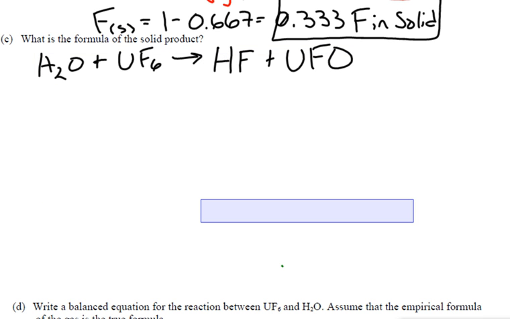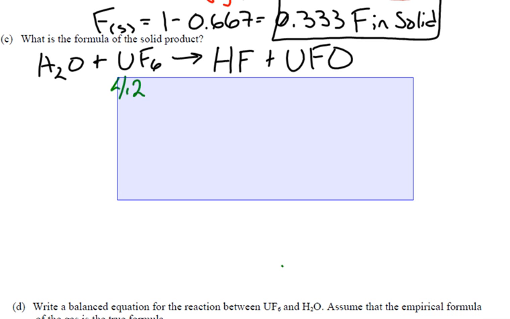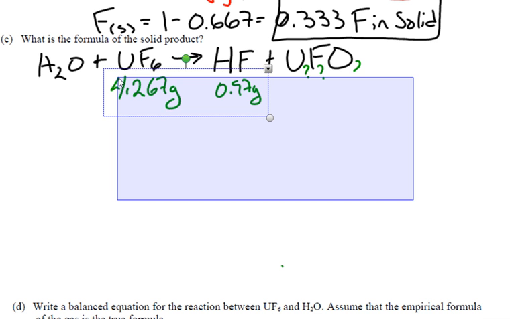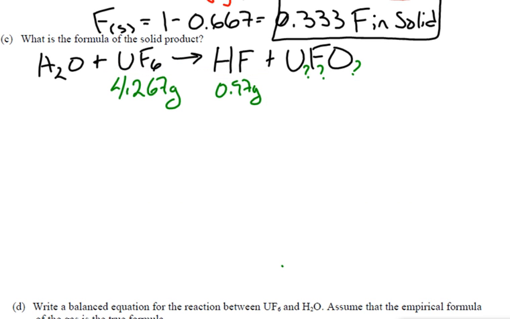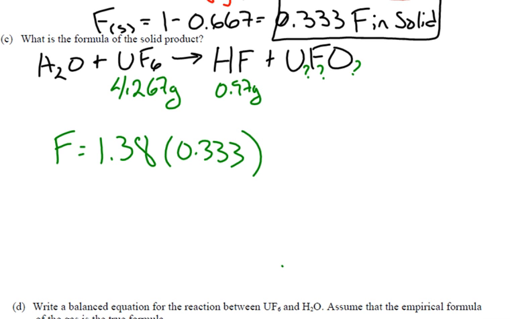And we know that the original sample's mass was 4.267 grams. And we ended up with 0.97 grams of the gas. And we want to know what these subscripts are for this. We just figured out that the fluorine had a mass of 1.38 grams initially. And of that 1.38, 0.333, or 33% of it, made it into this solid.